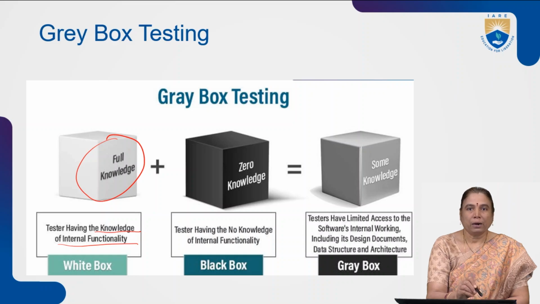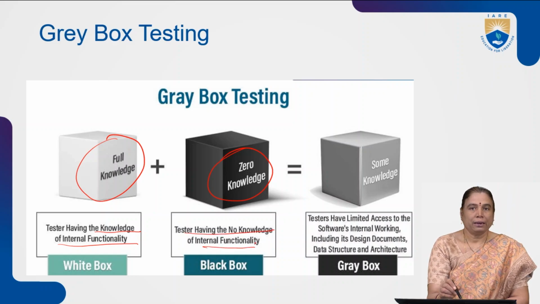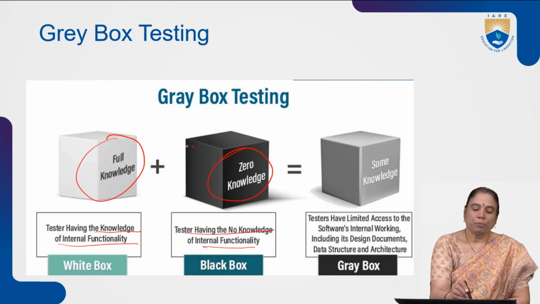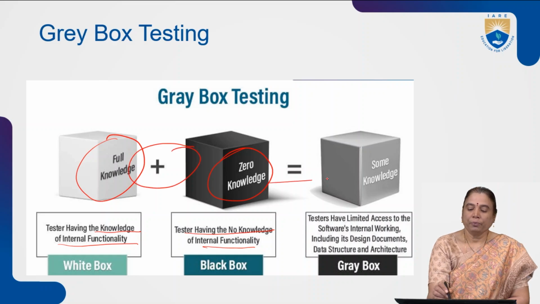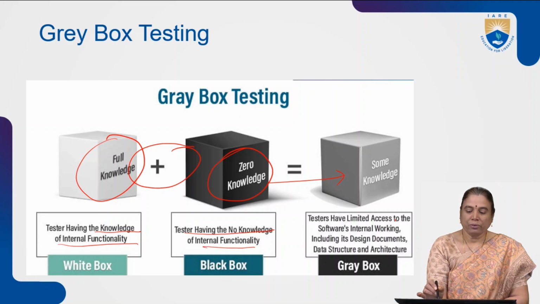But in black box testing, there is zero knowledge of the code, and the focus is mainly on the functionality of the application, so the tester has no knowledge of internal functionality. These both are combined to form gray box testing. So here the tester has limited access to the software's internal workings, including the design document, data structures, and architectures.